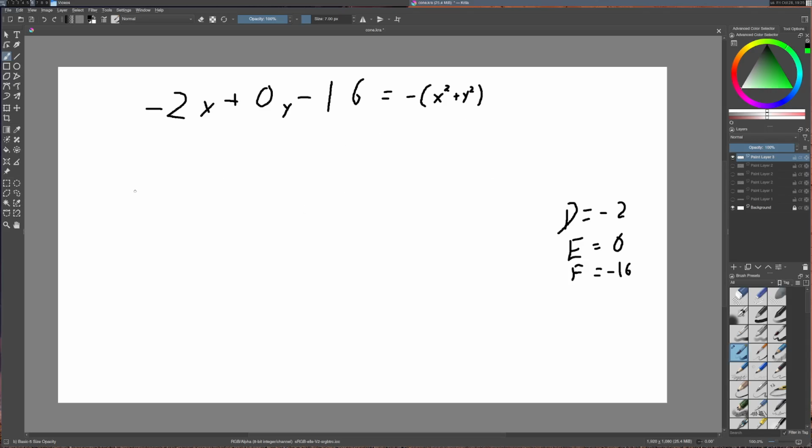We can rewrite it into the general form as x squared plus y squared minus 2x minus 16 equals 0, and that's how you get your general form equation just from 3 points and 3 unknown coefficients.